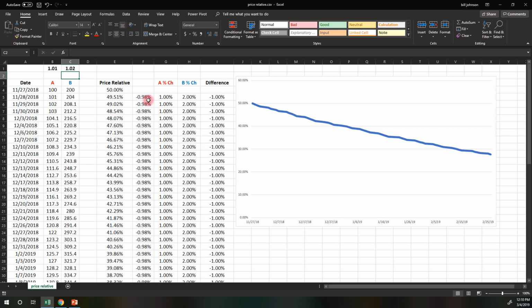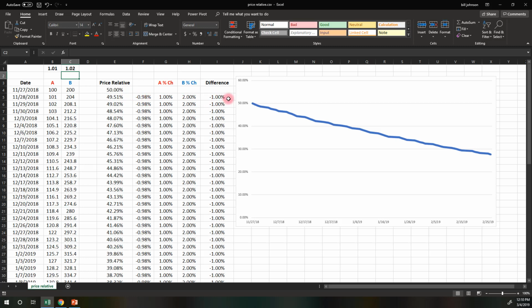Mathematically, that's the same thing as taking the percentage change in A, which is 1%, moving from 100 to 101, and comparing it to the percentage change in B, going from 200 to 204, which obviously is 2%. And if we subtract them out, 1% minus 2%, we get minus 1%. So again, we're getting negative numbers, and that's why our graph is falling. But this number right here in column F, this minus 0.98, should be reasonably close to this number.